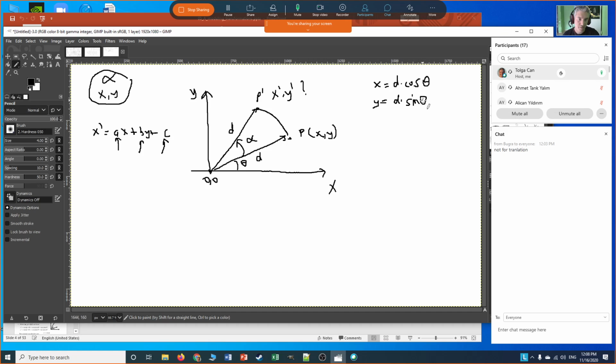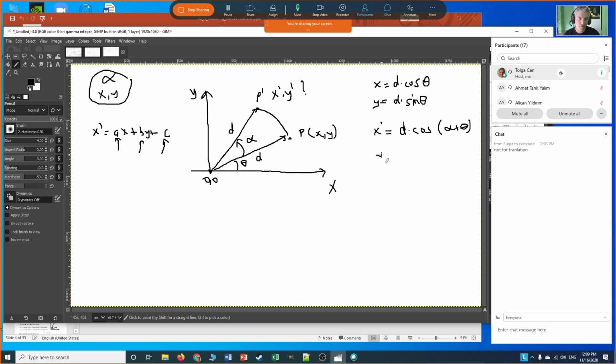Now I can write x prime and y prime similarly, but this time what will happen? What is x prime? What is its cosine here? If you look at the angle, it's alpha plus theta, right? So the x prime coordinate is d times cosine of alpha plus theta.